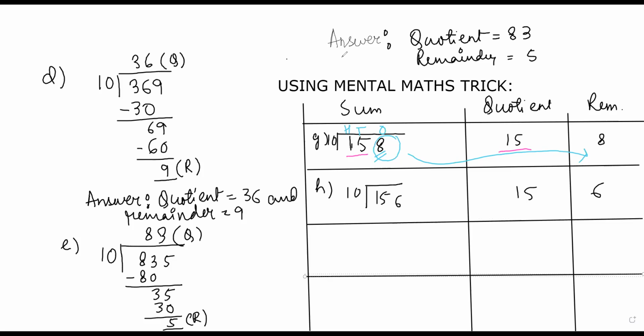Next sum is J. J is what? 10 divided by 395: 39 is the quotient and 5 is the remainder.